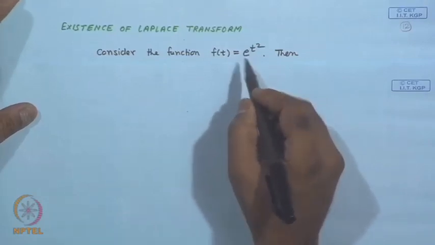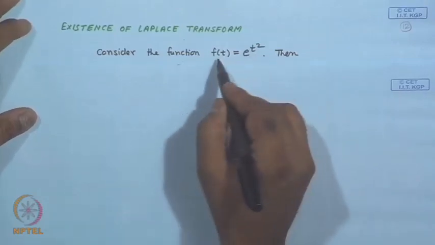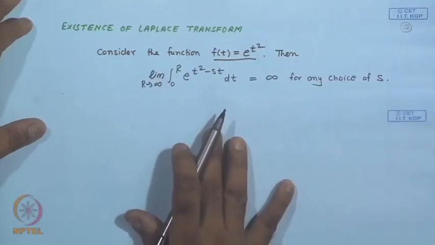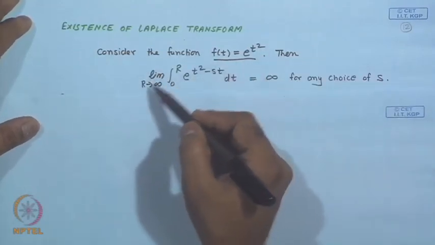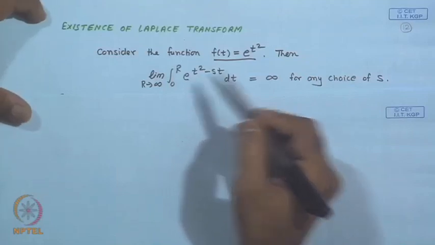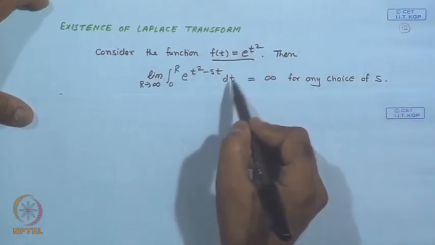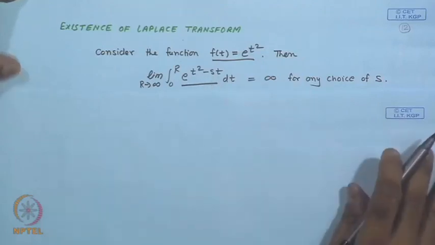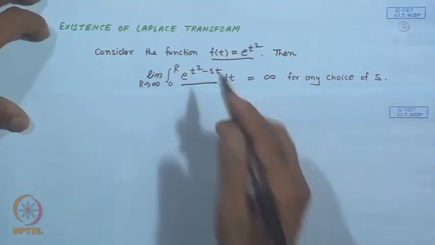So, there is a class of functions, and only for that class will that integral converge and the Laplace transform exist. So, we will see just a function here, f of t equal to e to the power t squared, for example, and then we try to get the Laplace transform by the limit r to infinity, integral 0 to r of e to the power t squared minus s t dt, and as you see this integrand grows without bound.